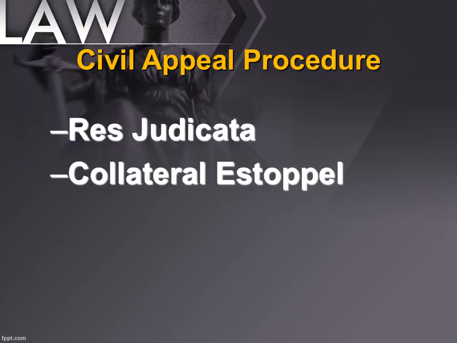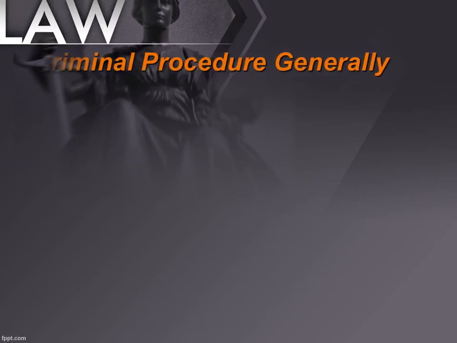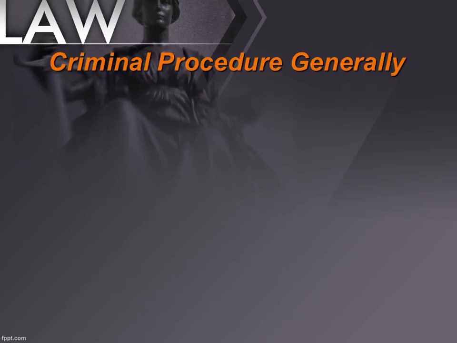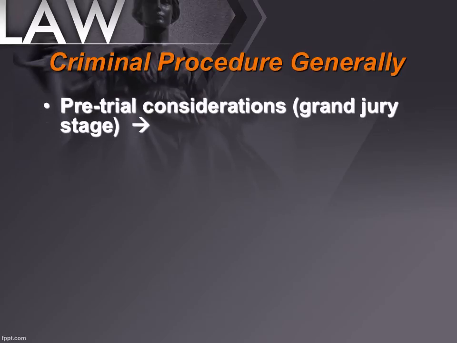Okay. I now want to turn to criminal procedure. Now that we've laid out civil procedure, I now want to lay out criminal procedure. And as I said on Monday, many of the same steps are in the criminal procedure as you find in the civil. But let's look at criminal procedure generally.